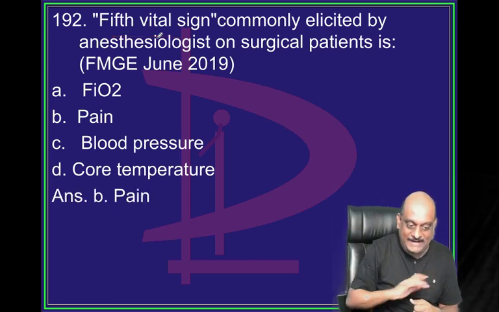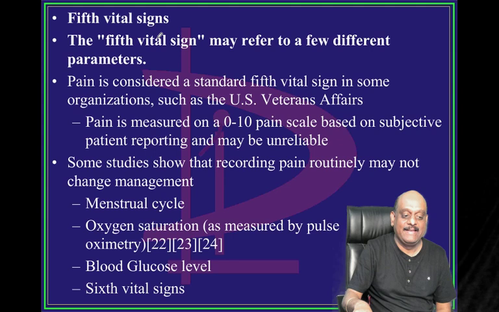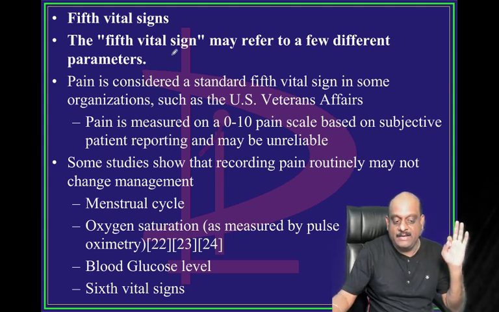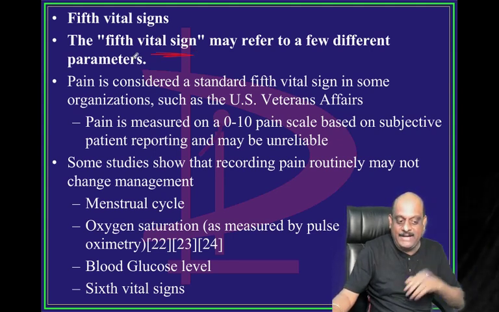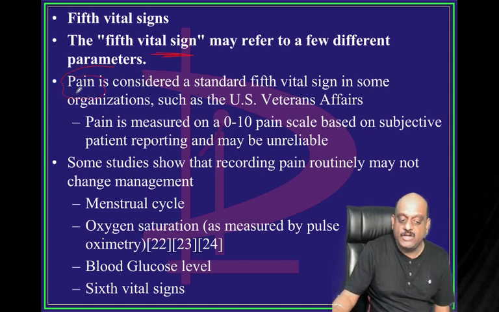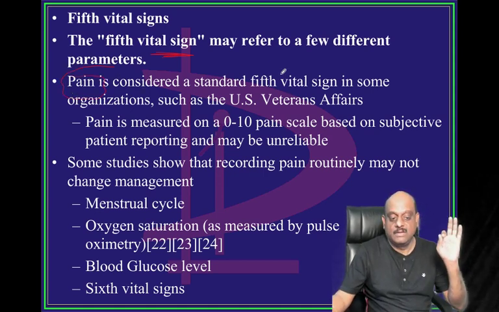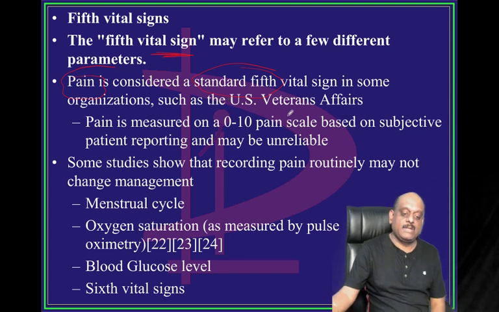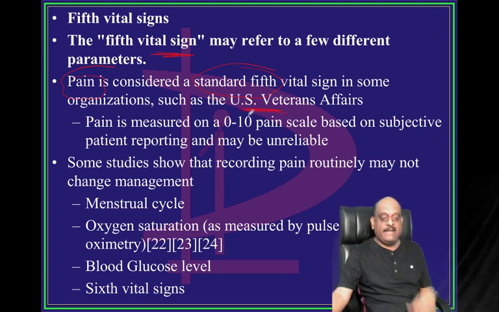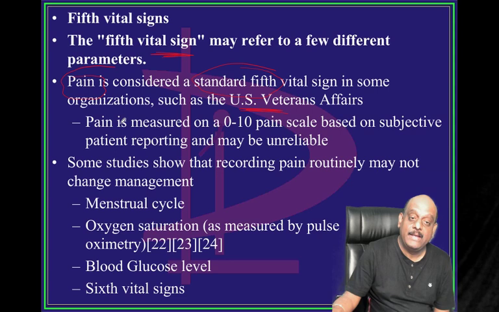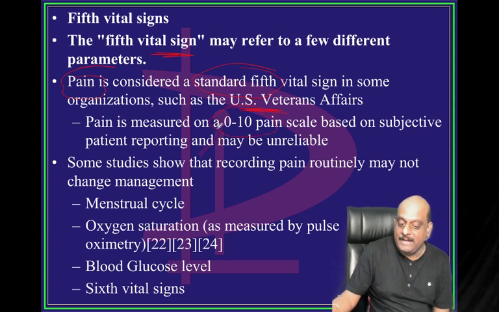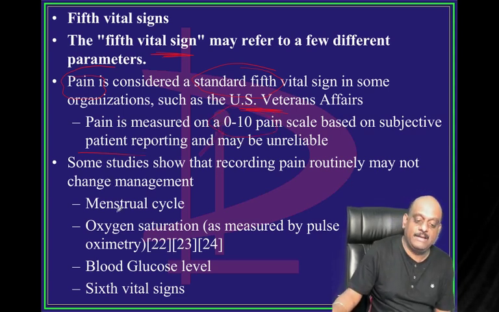Pain, absolutely right. Pain. The fifth vital sign, nowadays they abandoned it. Pain is considered to be fifth vital sign in some organizations like US Veterans Affairs, but it is no more used. Pain is measured on a 0 to 10 pain scale based on subjective feeling.